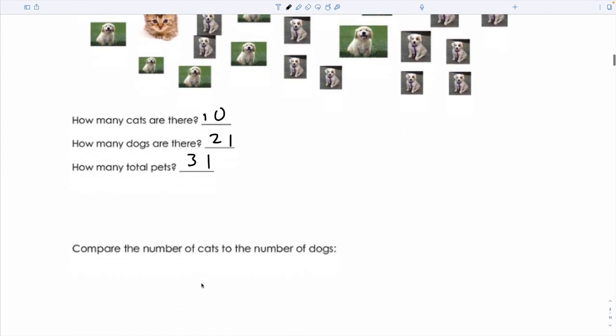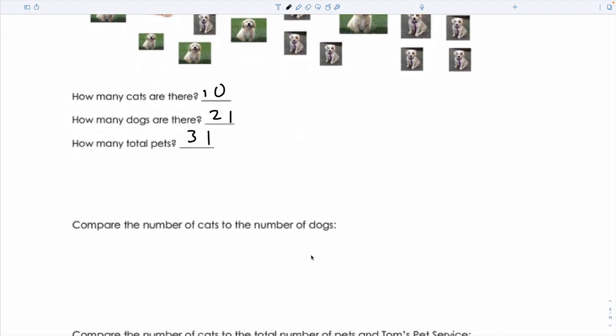Okay, so when you have a total, you can compare number of cats to number of dogs a few different ways. You can say there are 10 to 21. 10 cats to 21 dogs. You could also write it as 10 to 21.